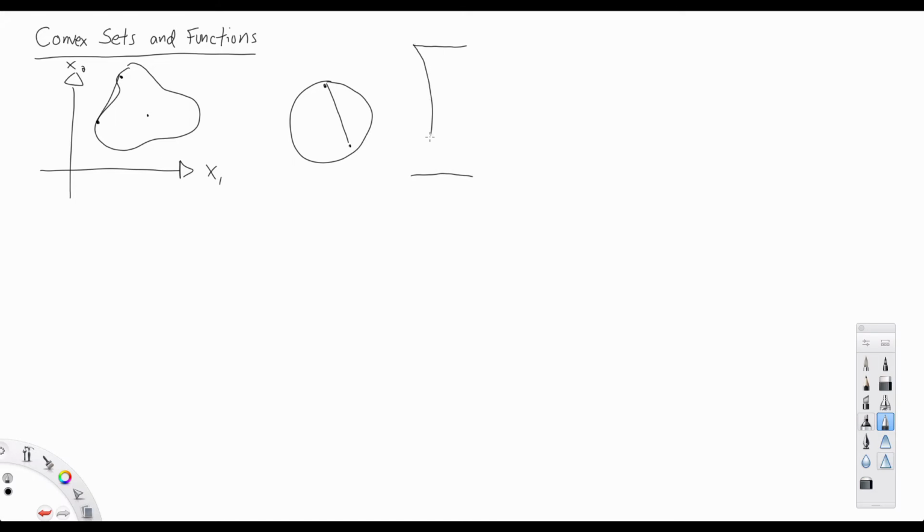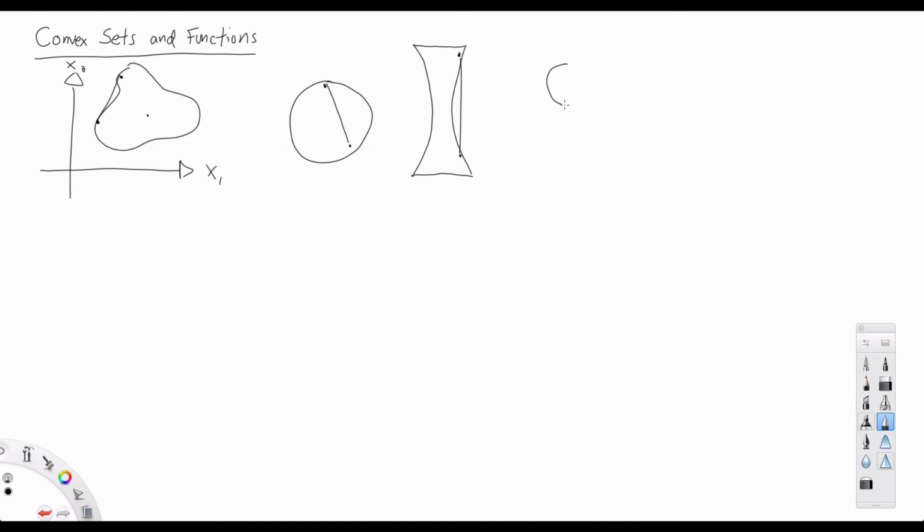If I draw the shape of the lens, then if I was thinking of this lens as a set of points, and I were to select a point here and a point here and draw a line in between, well, that line exits the set. So this biconcave lens is not a convex set. There are other ways we can have non-convexities.